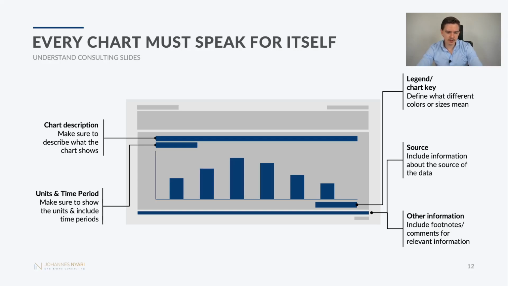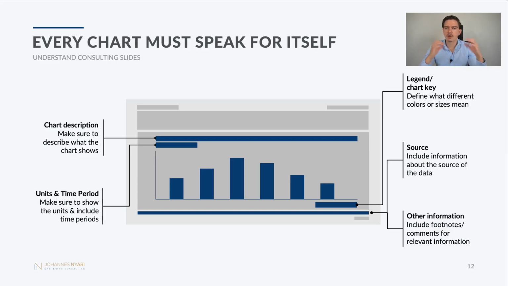And the chart description and the units and time period together show the reader very quickly what the chart shows. And this should actually cover everything that the reader needs to know in order to understand what the key elements of this graphic are.